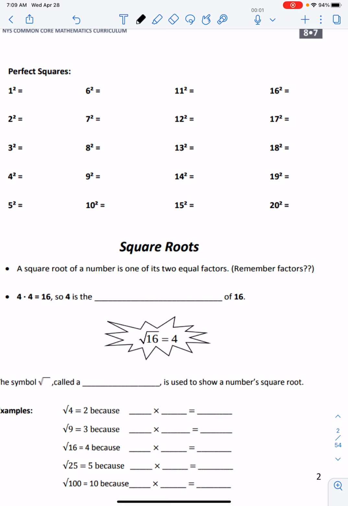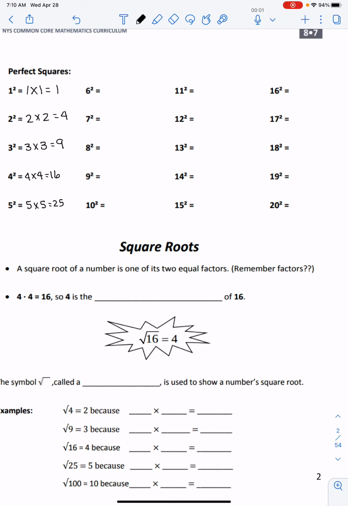So 1 squared, and I'm not going to do all of these, but to find 1 squared would be 1 times 1, which would equal 1. 2 times 2, which would equal 4. 3 times 3, which would equal 9. 4 times 4, which would equal 16. 5 times 5, which would equal 25.